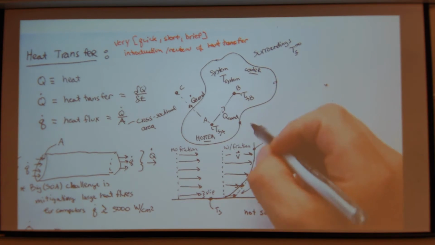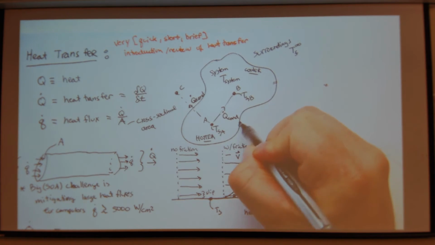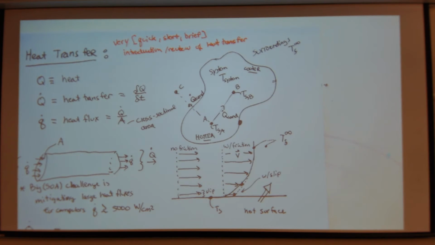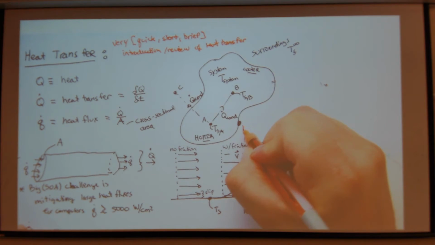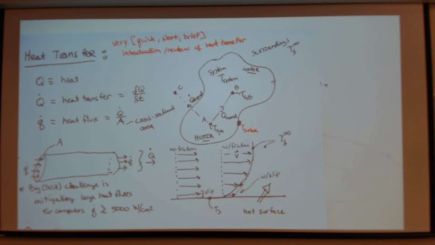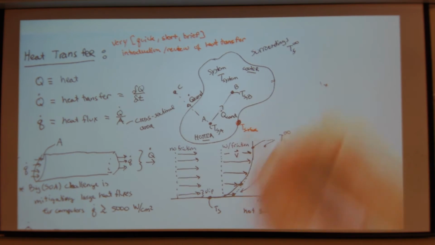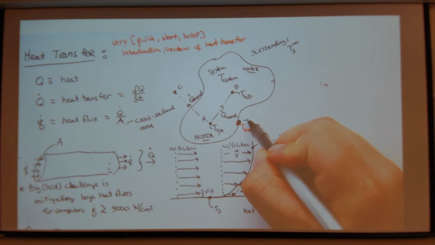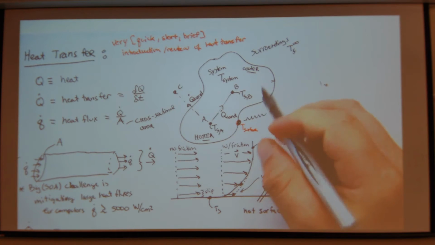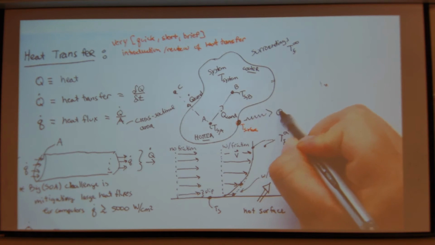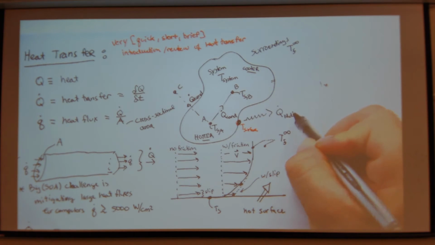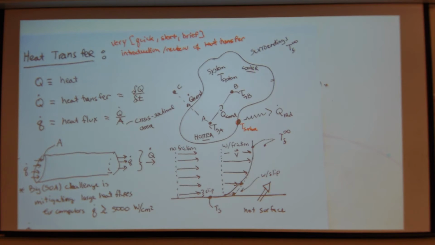Now I also can have, let's say right here, some surface temperature. So I have a temperature of the surface. I can also have radiation, and in that case, I have heat transfer due to radiation.